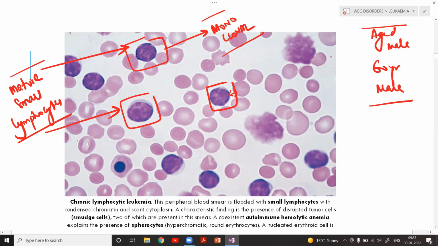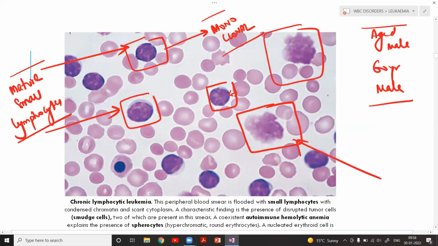Now, can you appreciate that in the background we are having certain things like this? What is this? Smudge cells. Can you tell me why smudge cells are formed? Smearing artifact. Yes, it is a smearing artifact.